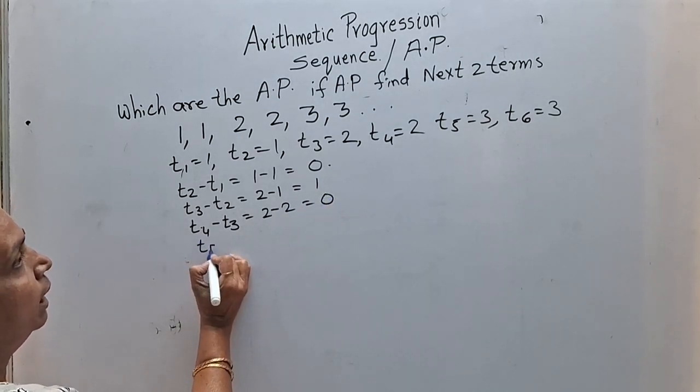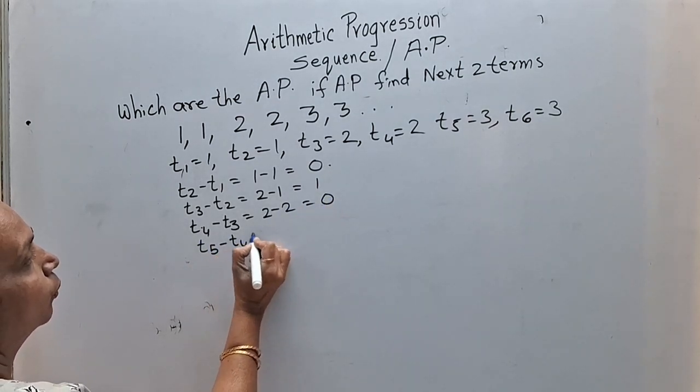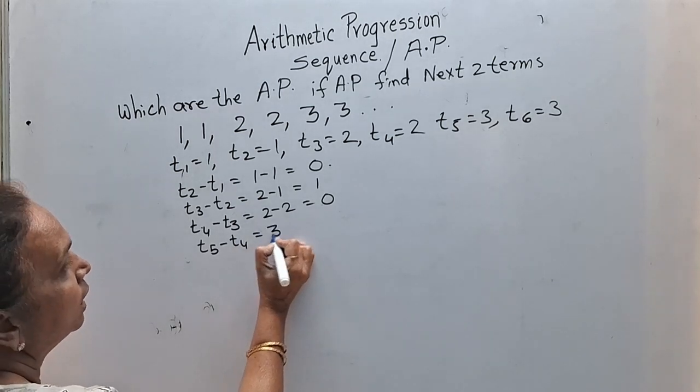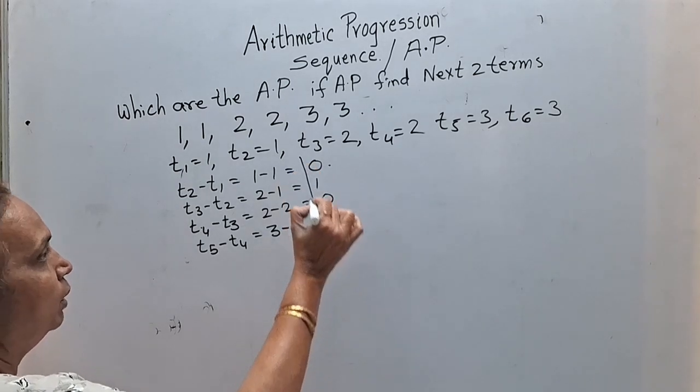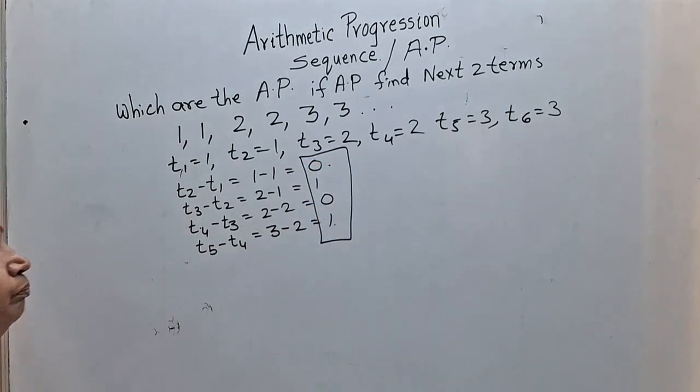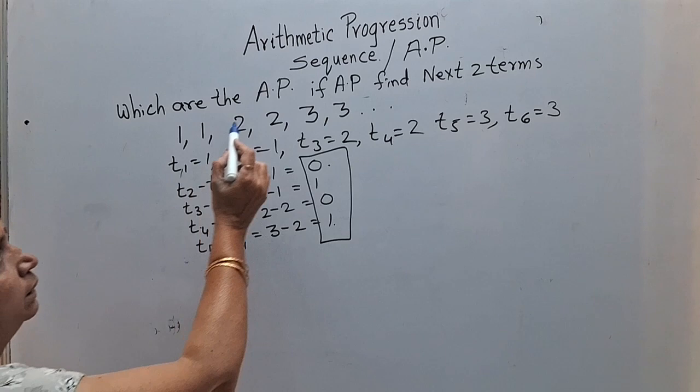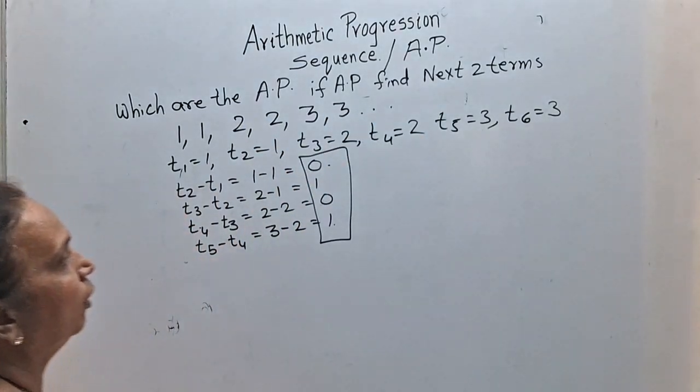Then I'll write T5 minus T4. T5 is how much? 3 minus T4 is how much? 2, that is 1. Is the common difference the same? No. So in this case, this is not an AP at all.